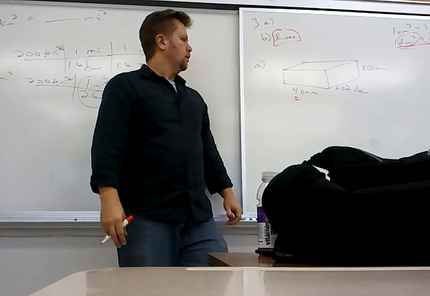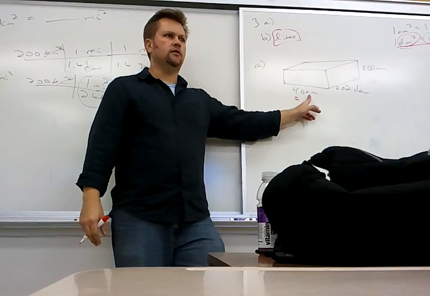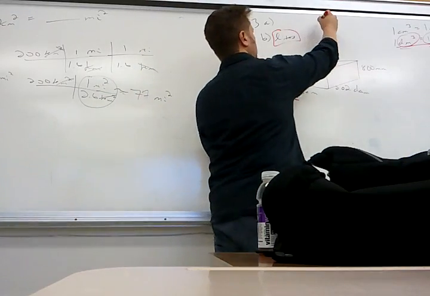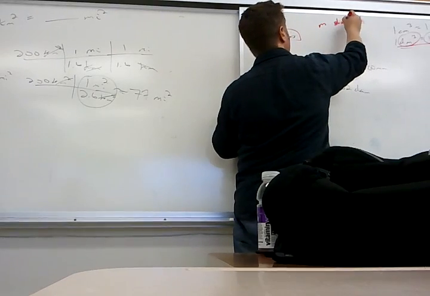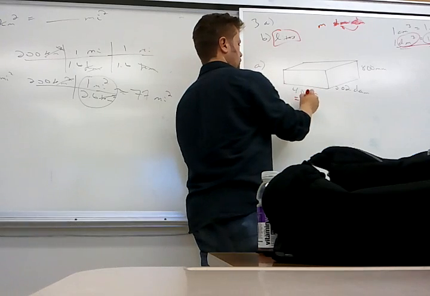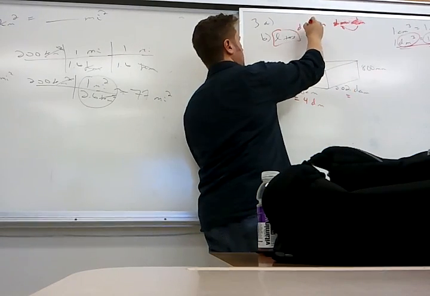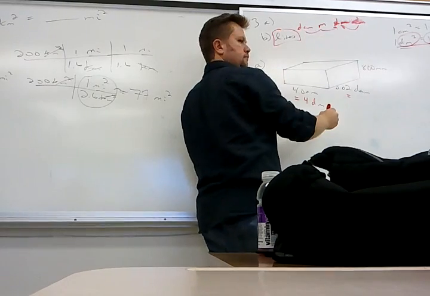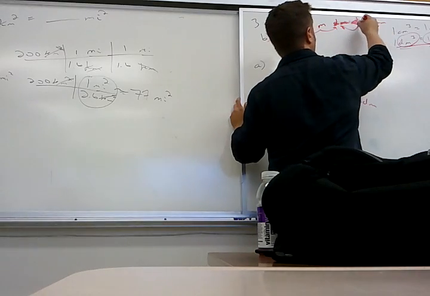All right, so how many decimeters would this be? 40 centimeters, go back one, so 4 decimeters. And then 0.02 decameters, 1, 2, so 2 decimeters. And then millimeters, 1, 2.